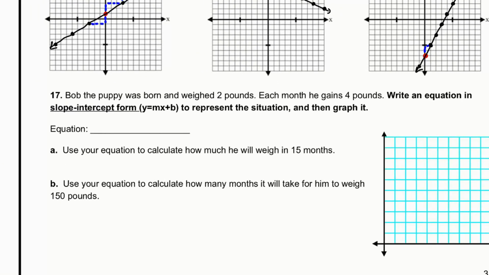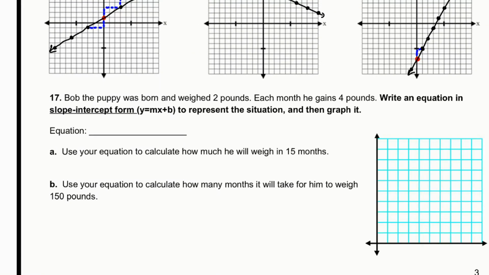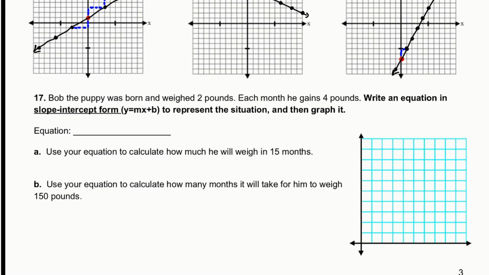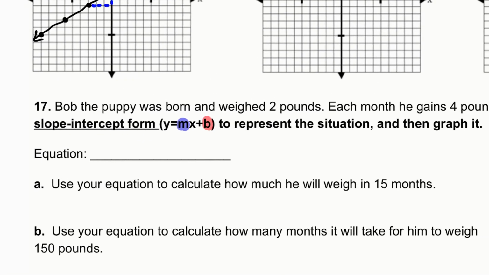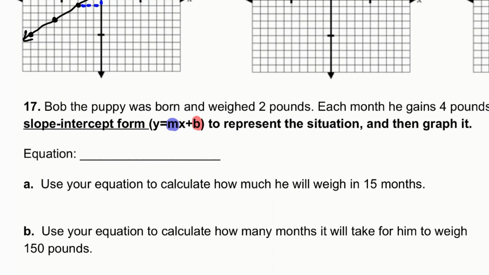Bob the puppy was born and weighed 2 pounds. Each month he gains 4 pounds. Write an equation in slope-intercept form to represent the situation. So here, the m and the b, well, he was born weighing 2 pounds. So when he was born, that's our starting value.